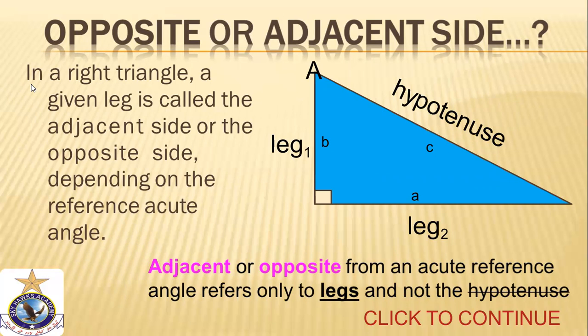So you are looking at this triangle, and you will have to read this also. Adjacent or opposite from an acute reference angle refers to only legs and not the hypotenuse.